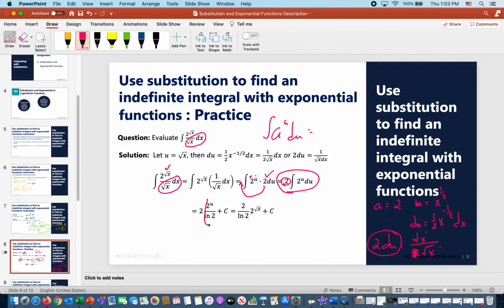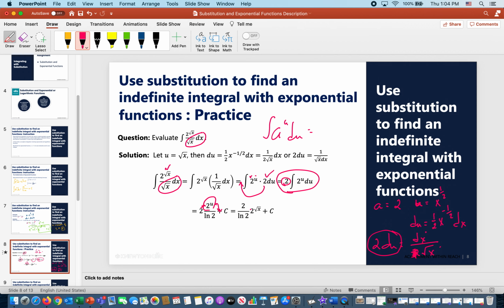So this is the integral of 2 to the u, and then we're adding that plus c. There are some rules for logarithms and things like that we might want to bear in mind right here. So I can replace u with the square root of x. And I'm just going to move this out to the side and put this 2 up in its place.